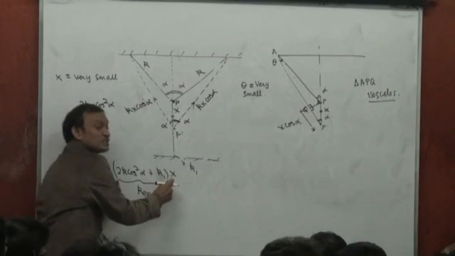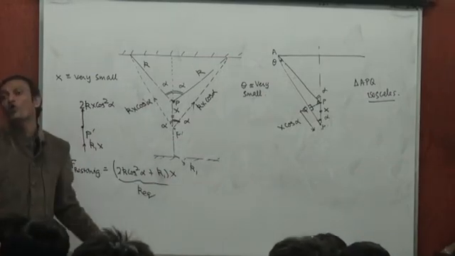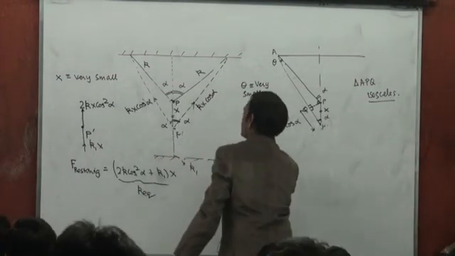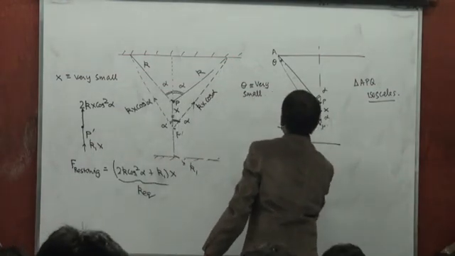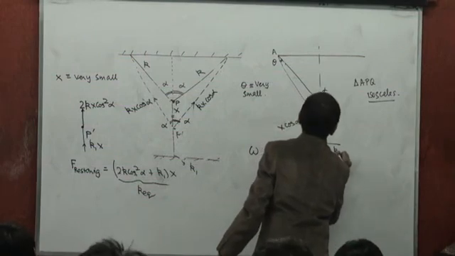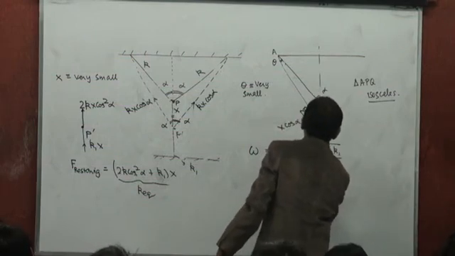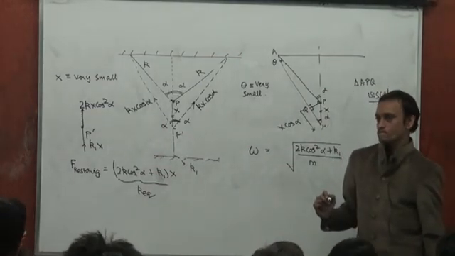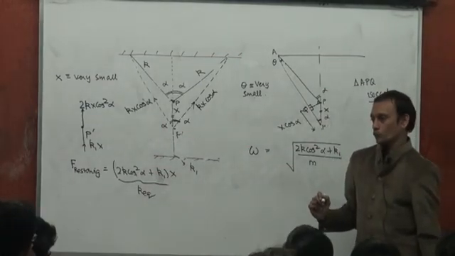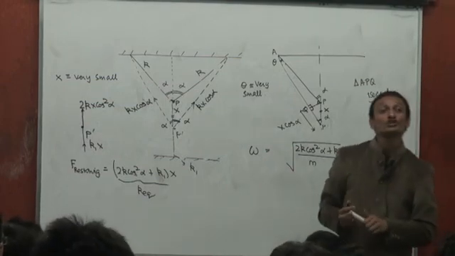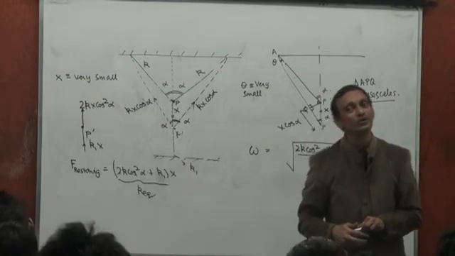So root this divided by m is going to be the omega of oscillation. The time period is going to be 2 pi by omega for small oscillations.